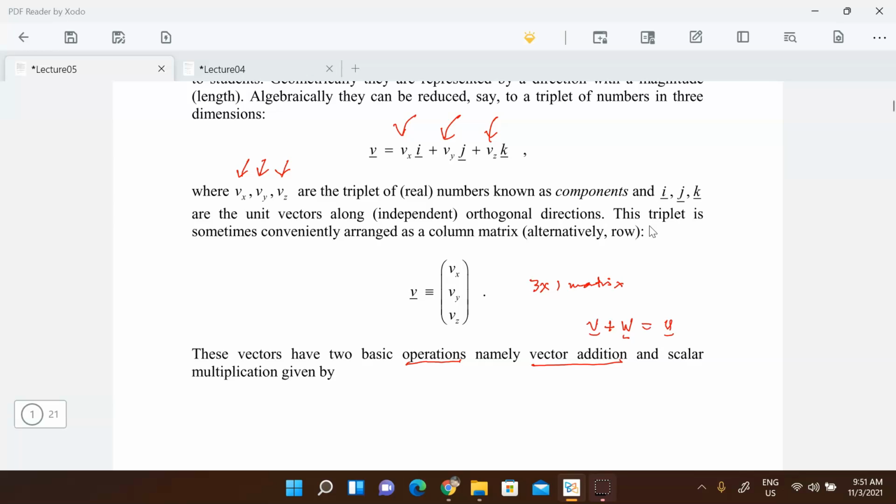For example, you have this V representing a particular arrow with a magnitude there, and then a W over here. Sorry, it's not drawn properly, but essentially the vector U will be given by this diagonal.